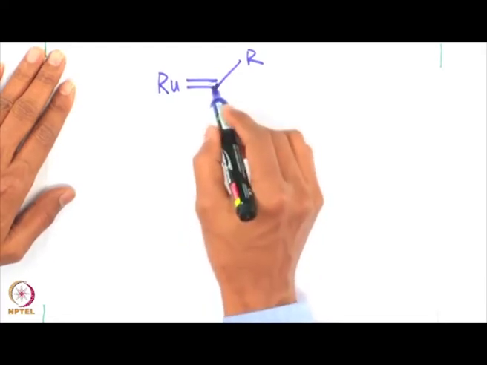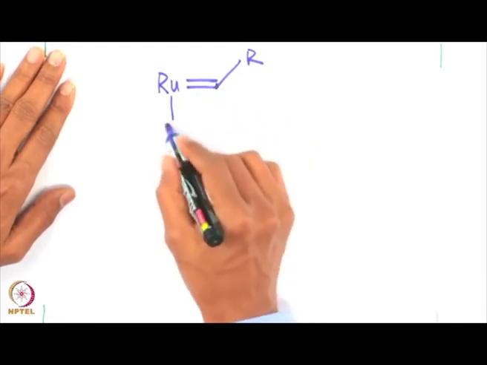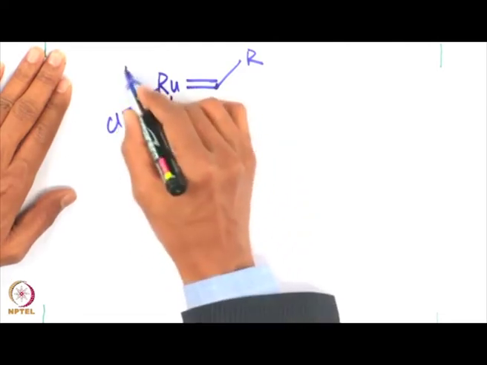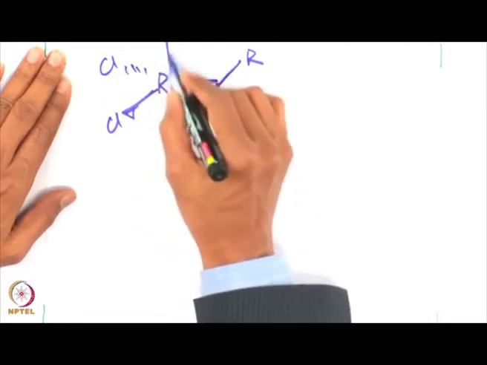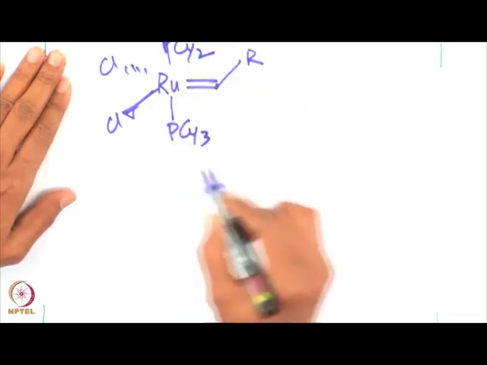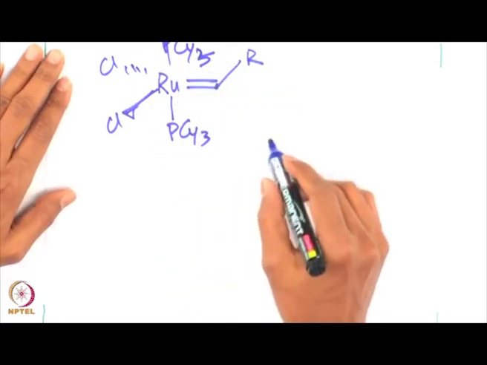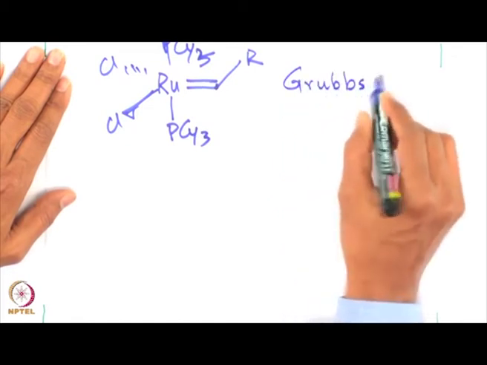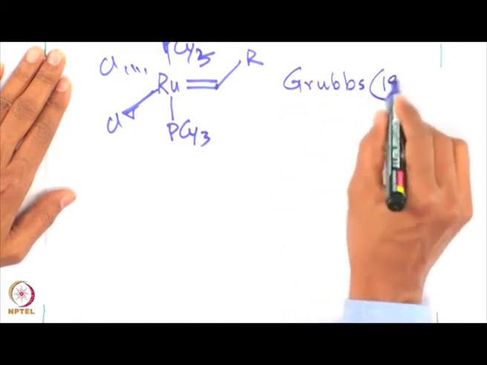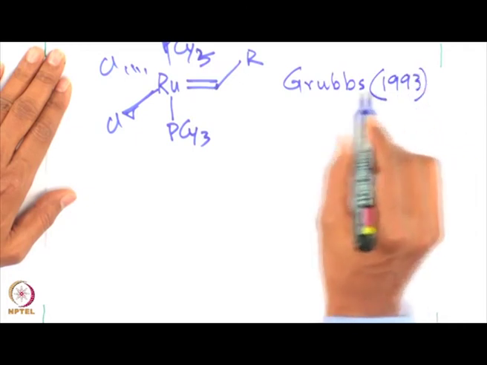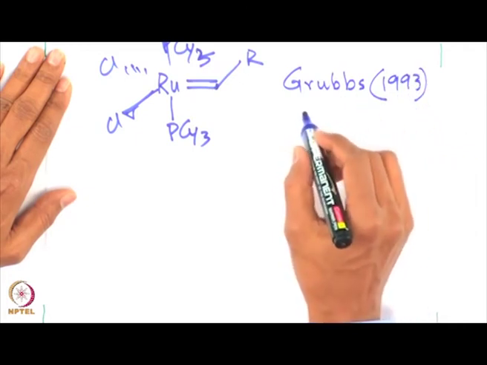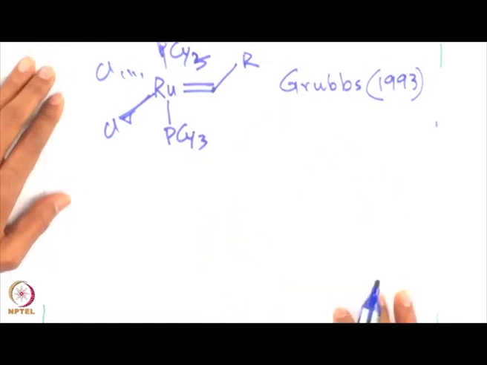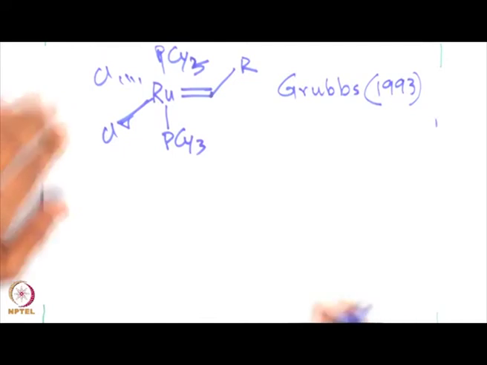This is again nucleophilic in nature, and you have the dichloro species attached with it, and two PCy3 ligands. So, this is the one which is known as Grubbs, and this was first discovered in 1993, and of course different other ligands are also used for this Grubbs catalyst.